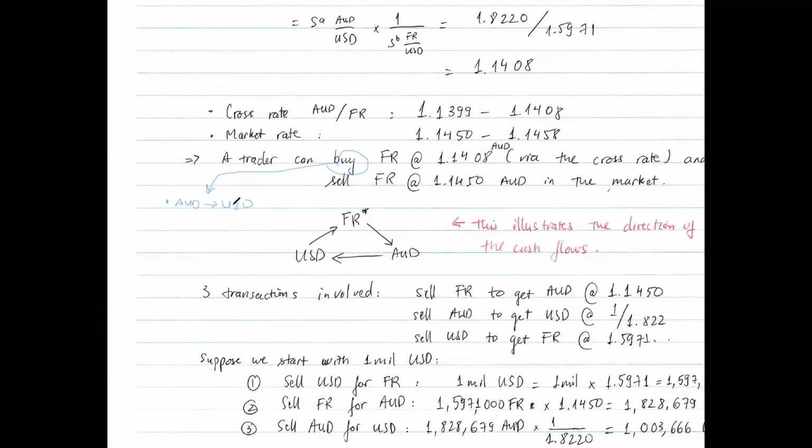So I'm selling the Australian dollars for the USD, and then I'll take the USD from the first step and sell it to get the franc, okay? The second transaction is more straightforward. In this case, I'll be selling the franc to obtain the Australian dollars.